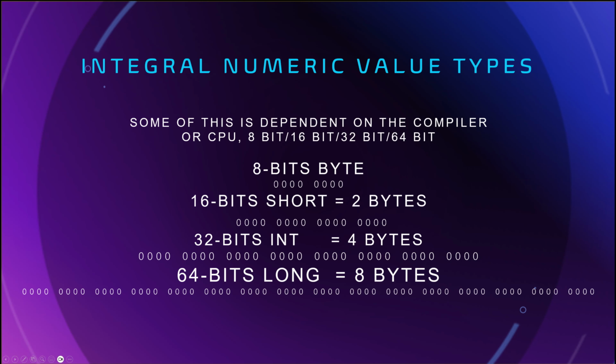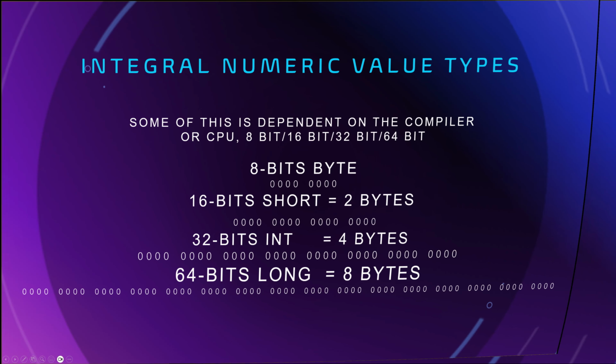A lot of this is dependent on the compiler and the CPU, but longs, ints, and shorts are all made up from bytes, and a byte is 8 bits. So if you look at the integral numerics, 8 bits make a byte, 16 bits make a short, or 2 bytes, 32 bits make an int, or 4 bytes, and 64 bits make a long, or 8 bytes.